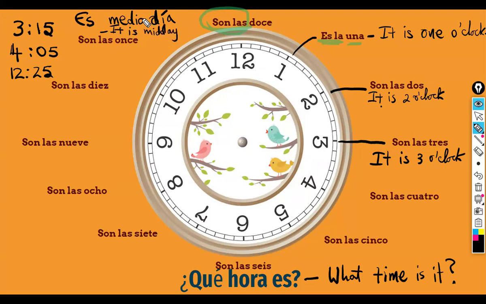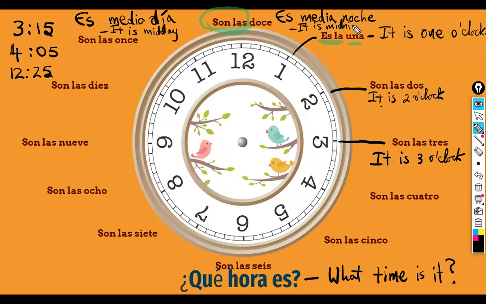Okay, so it's not exactly numbers, but it is an important expression, right? And then for midnight is medianoche, right? It is midnight.